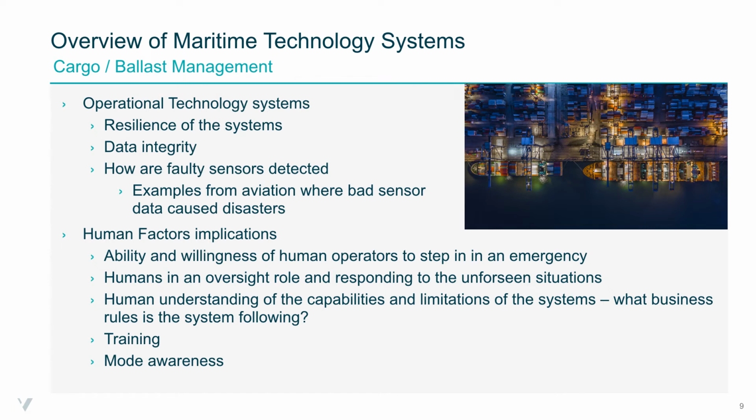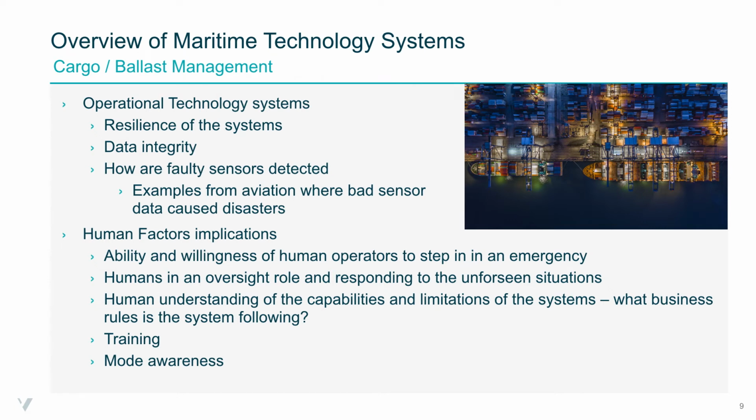And this leads us to this section on the slide around human factors implications. To take manual control of that system, it's necessary to first have the ability and the willingness to step in in an emergency under stressful conditions.